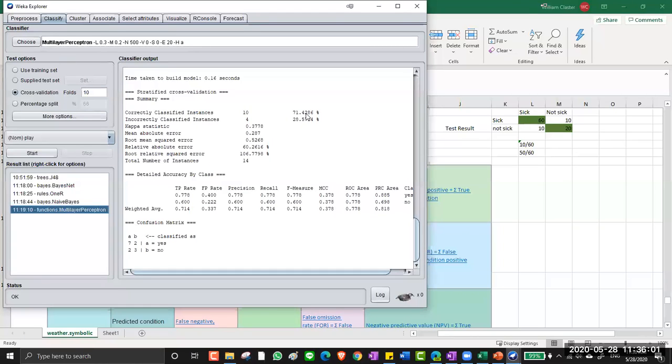These errors can be more important than just the overall error rate, depending on what you're doing. If your test has to do with sick people, we could come up with a J48 algorithm that predicts whether people have COVID or not, or whether they have cancer or not. So we take a whole lot of data from their bodies, and then we come up with an algorithm, and it says, oh, you have cancer, or it says you don't.